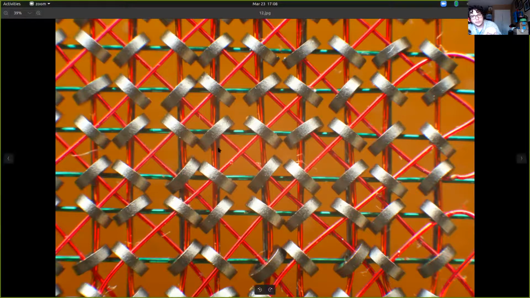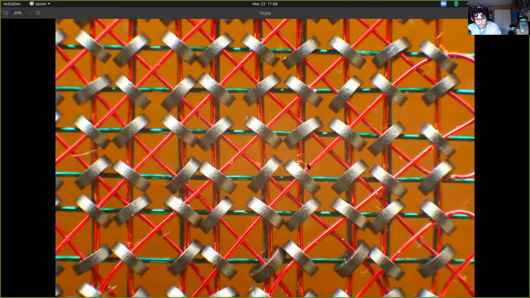So there are magnetic fields being generated around these. So each core stores a bit in the form of a magnetic field that's either moving clockwise or counterclockwise.